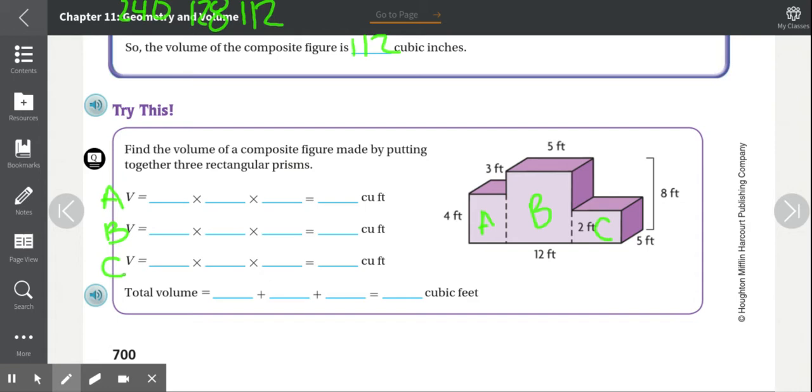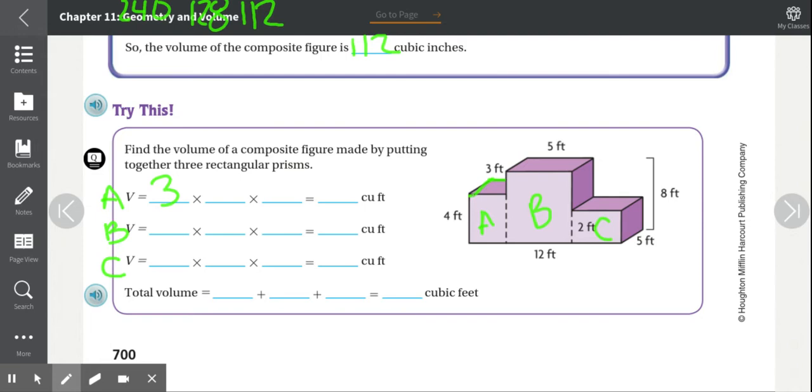Next, we need to make sure that we know the length, the width, and the height of each one of these prisms, so that we have the information that we need. If I'm looking at prism A, I can tell that my length is right here. This is good. We have it. It is 3 feet. The width is right here. That's a piece of information that I don't have written right there. So I'm going to have to use what I know about congruent edges within rectangular prisms.